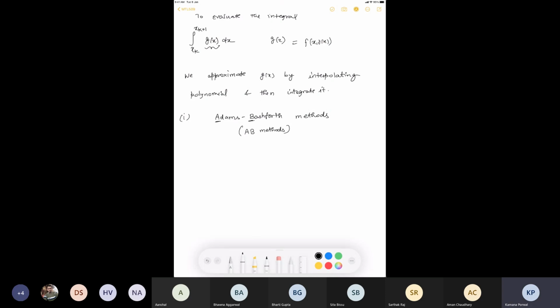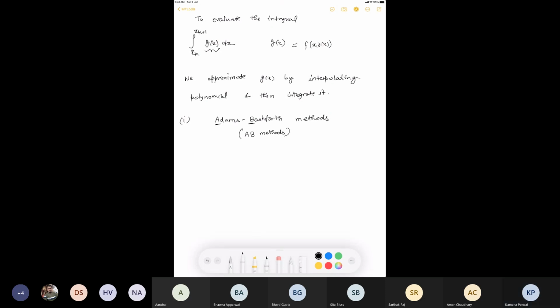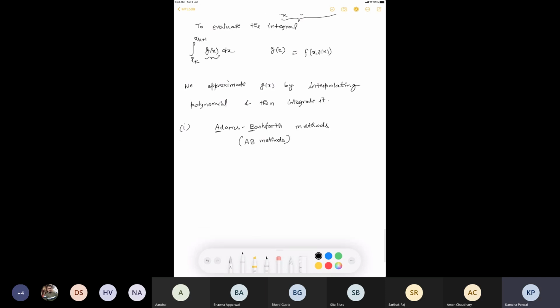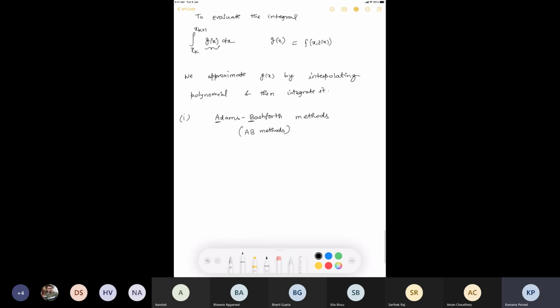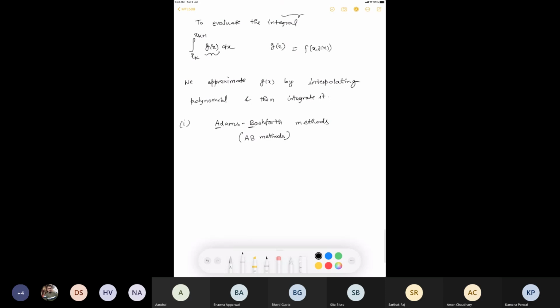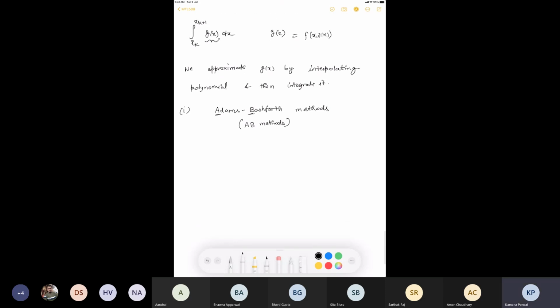So what do we do in this method? Suppose we have to derive a method of order... let me write it down and then I explain it. So for a given non-negative integer, denoted by q, the AB method.